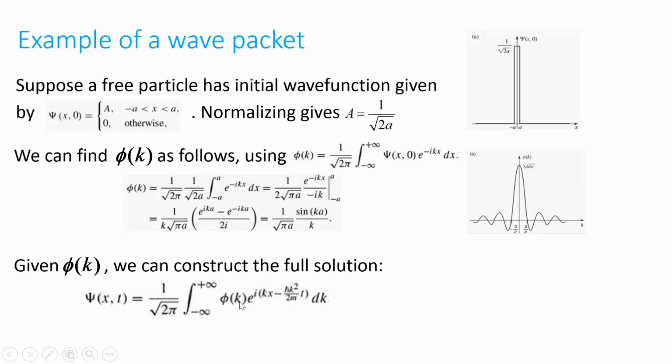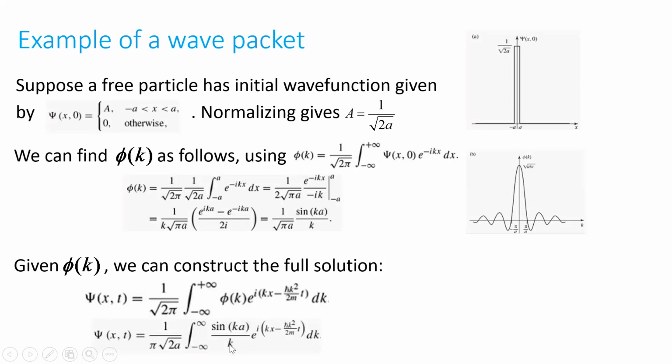So we can just plug in the phi k, which is here 1 over the square root of pi a sine of ka over k. And moving this square root of pi a out in front, we get 1 over pi square root of 2a times sine of ka over k in the integral times this exponential factor. Okay, so this would be our final solution, and it's a closed form solution.